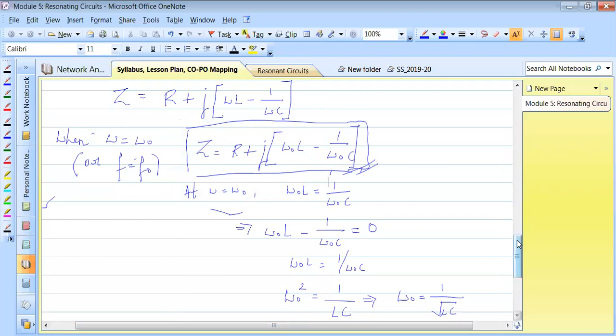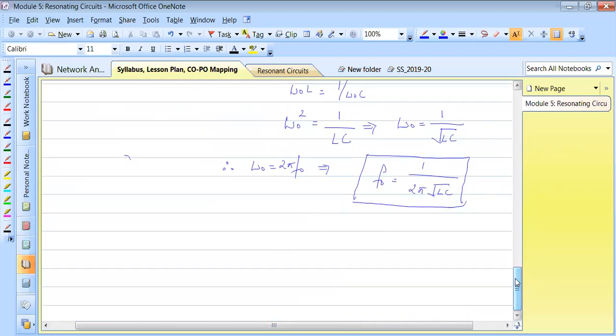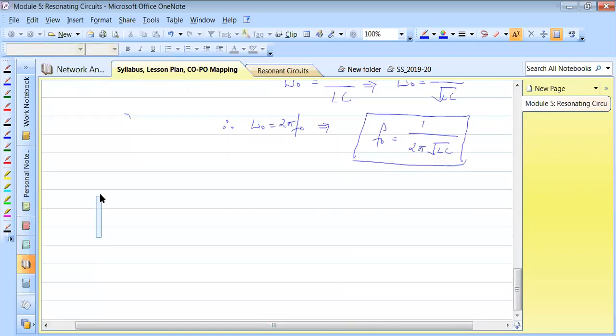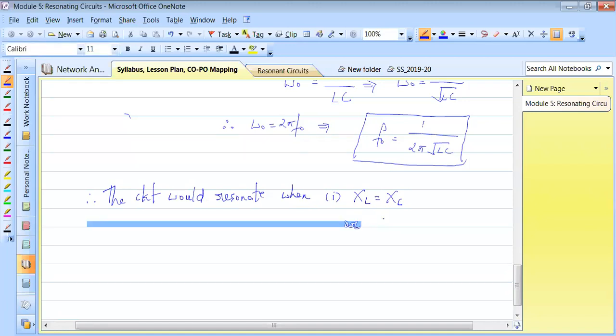Okay, so let's just summarize that. Therefore the circuit would resonate when, first one, XL is equal to XC, or you can say when omega L is equal to 1 by omega C. Why is j not considered?